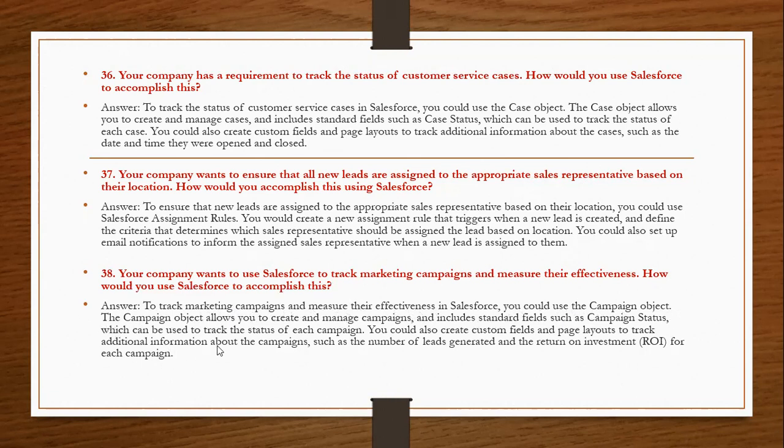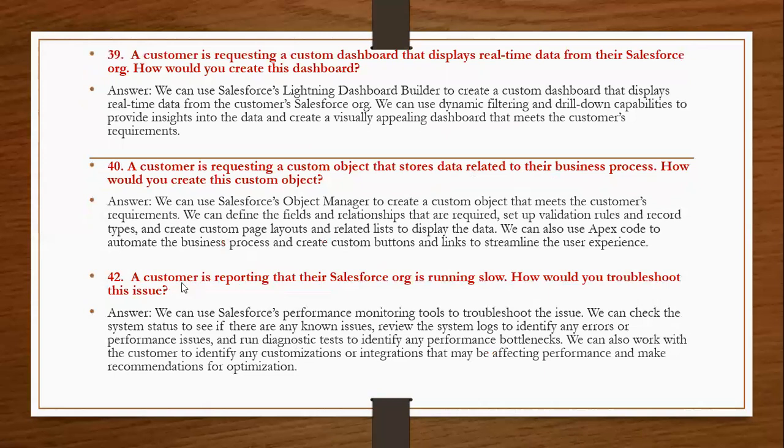The campaign object allows you to create and manage campaigns and includes standard fields such as campaign status, which can be used to track the status of each campaign. You could also create custom fields and page layouts to track additional information about the campaign, such as the number of leads generated and the return on investment for each campaign.